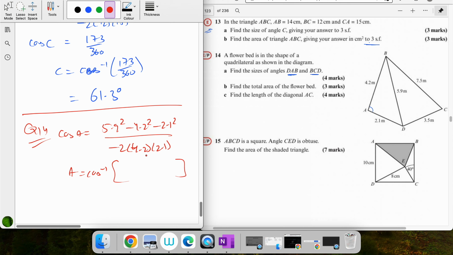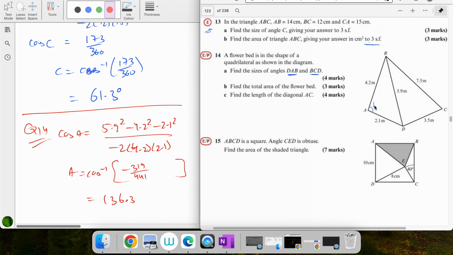and let me simplify. 5.9 squared minus 2.1 square minus 4.2 squared over minus 2 into 4.2 into 2.1. So this is negative 319 by 441. Shift cos of answer, I get 136.3 degrees. And BCD again is cos rule.